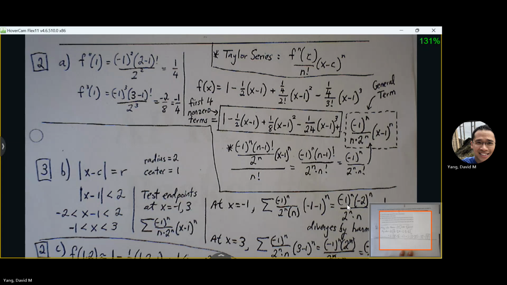They give you the ordered pair, they give you the slope, and you can find the second and third derivative using their formula. Then you can build out your first four terms.